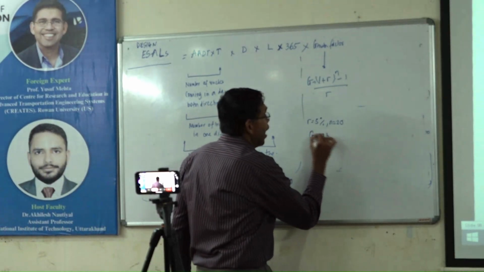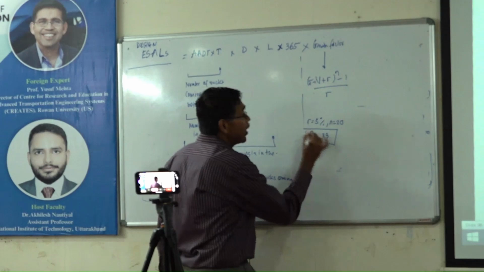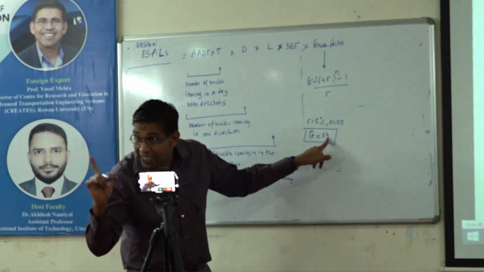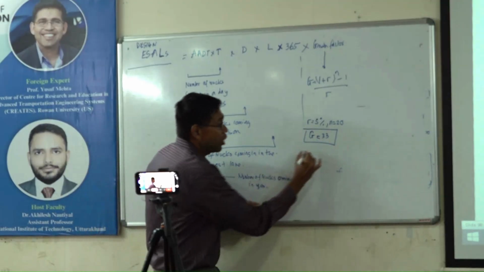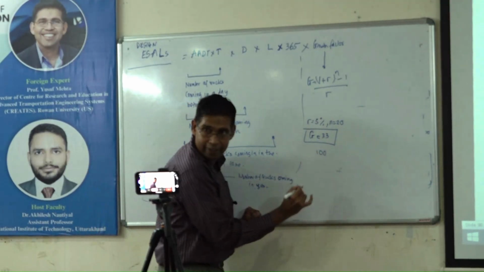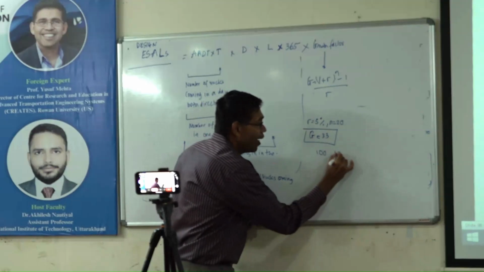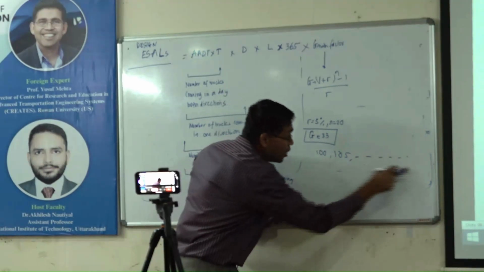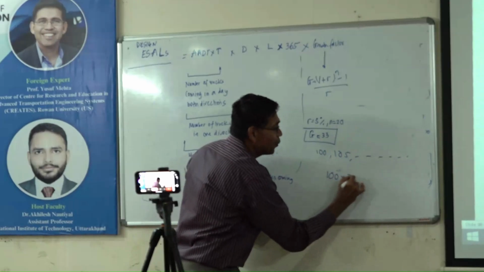That's it. I want to give you the significance of this 33. I want everybody's attention. Remember I started off this discussion with 100 the first year, 105 the next year, so on and so forth, up to year 20. The summation of this is 100 times 33.